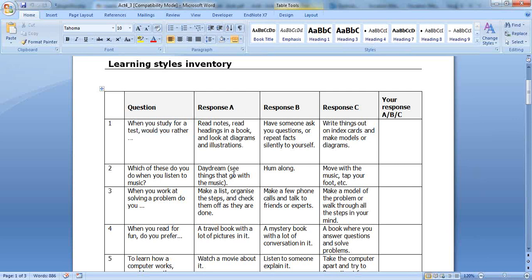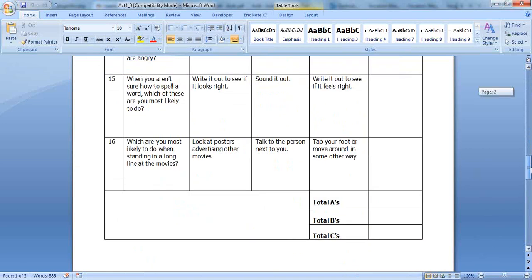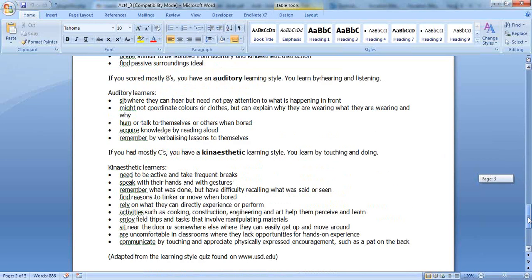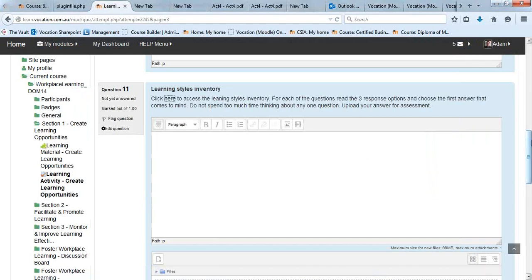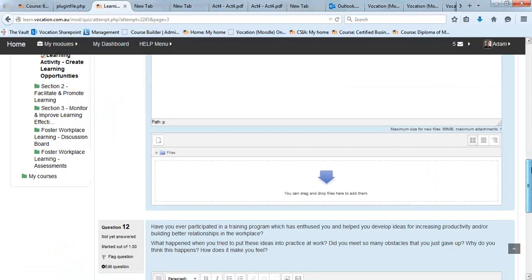Just put the answer that comes straight to mind, so don't think about it too long. There are, I think, 16 questions, and then just put your totals at the bottom here, and that will tell you which learning style, and talk a little bit about each of those learning styles underneath. Then just upload your response in here, and that's all you need to do to complete that question.